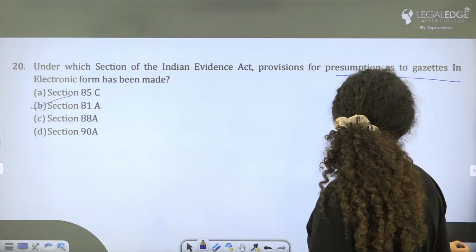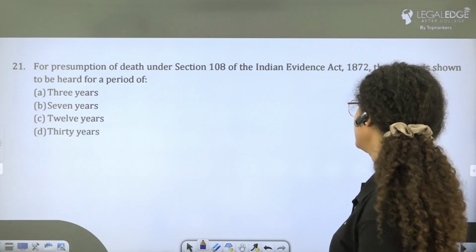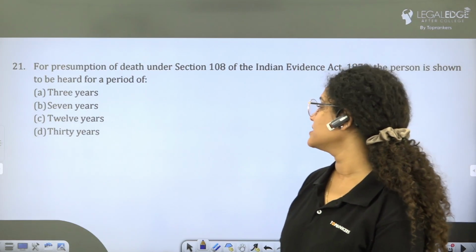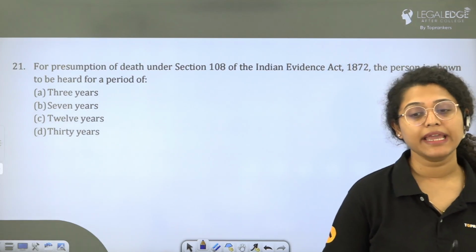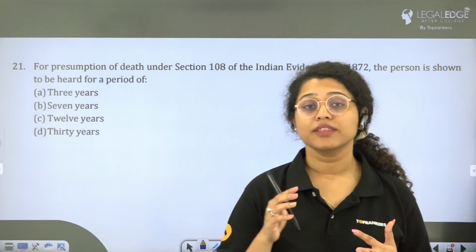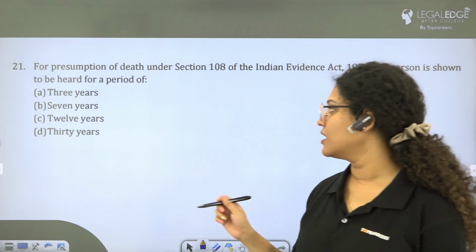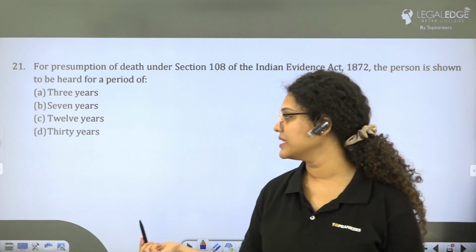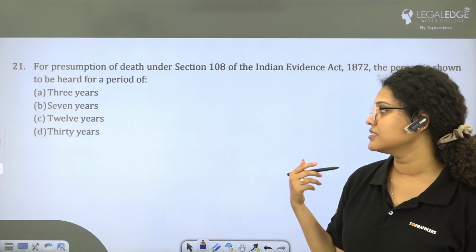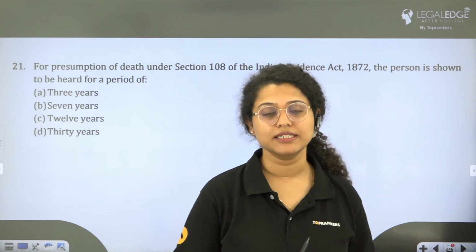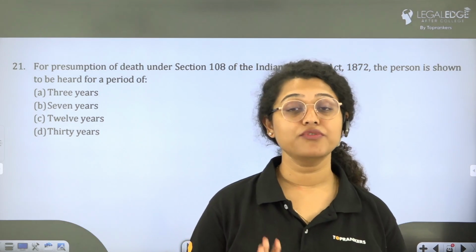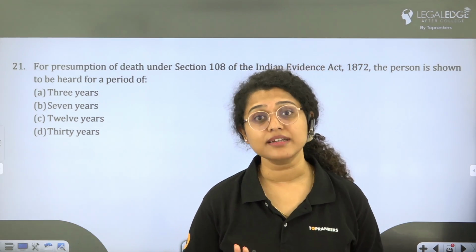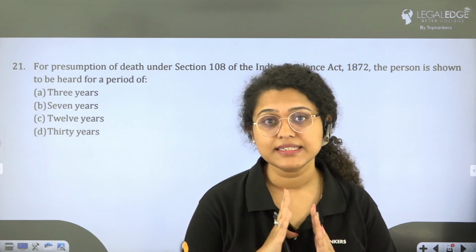Moving ahead. Question number 21. For the presumption of death under section 108 of the Indian Evidence Act, the person is shown to not have been heard of for a period of how many years? A, 3 years; B, 7; C, 12; D, 30 years. Here there can be a confusion between section number 108 and section number 107.